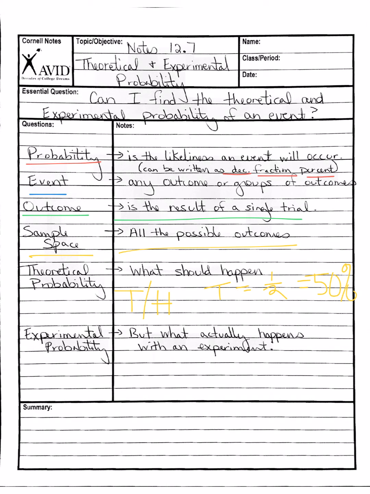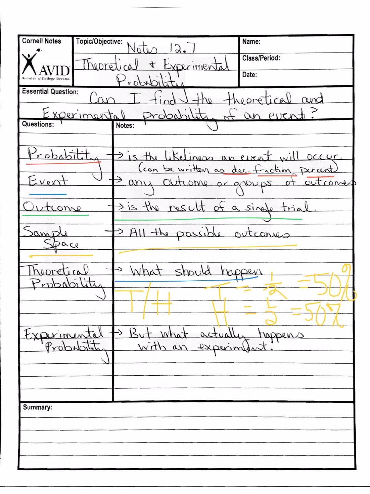So 50% of the time, the coin should land on tails. And the other half, or 50% of the time, the coin should land on heads. But here's the deal. That's theoretical, what should happen.